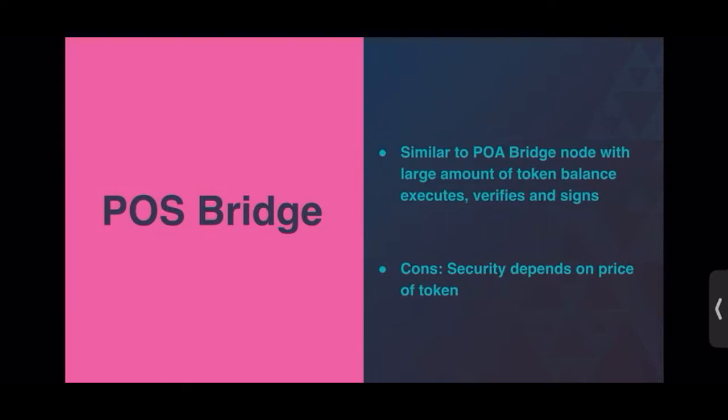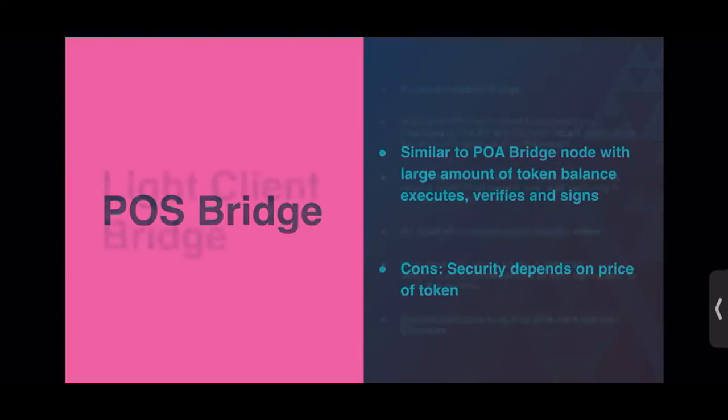So how it works is it's similar to a proof of authority bridge node, but the only difference is it has a large amount of token balance with one person owning it or multiple people, which executes, verifies, and signs the transactions. So the con to that is the security depends on the price of the token.